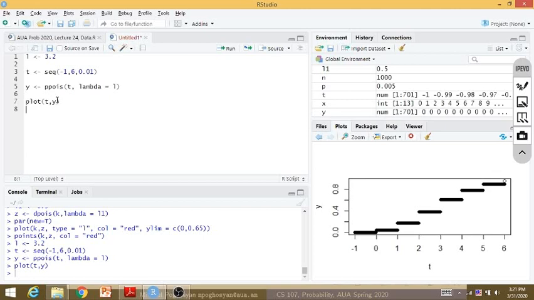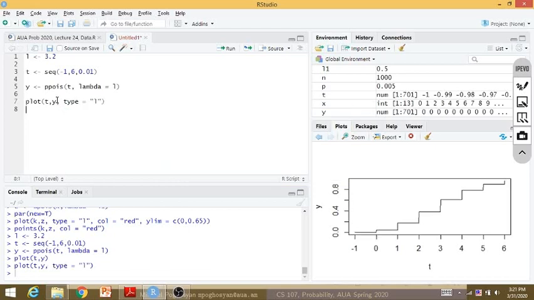Let me correct this. Let me write type equal to, first let me use l. This will give this kind of picture, but because we have a stepwise, piecewise constant function, we can use s.